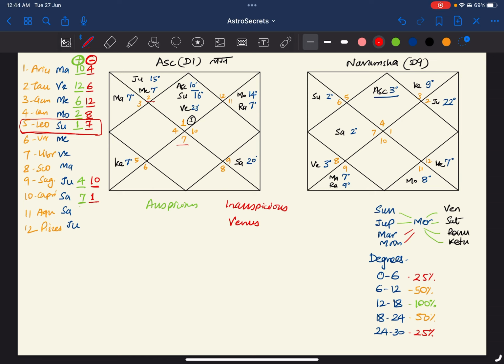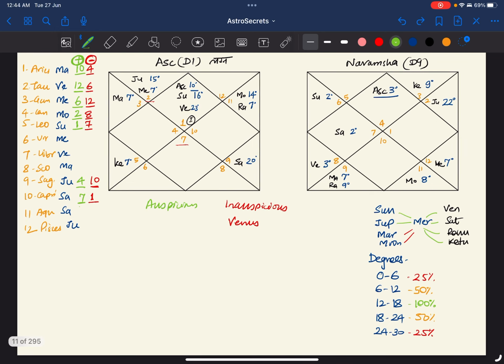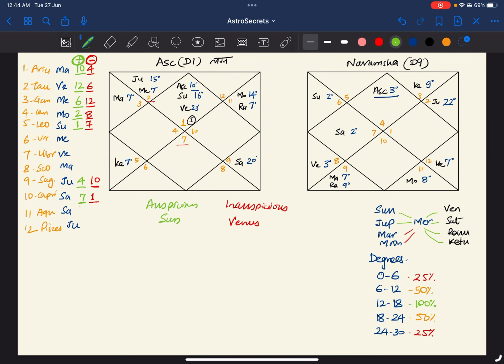It is going to prove very auspicious. So in this particular case, since Sun is there in the first house itself, the auspicious planets list will grow. So for Sun, I will write plus here.